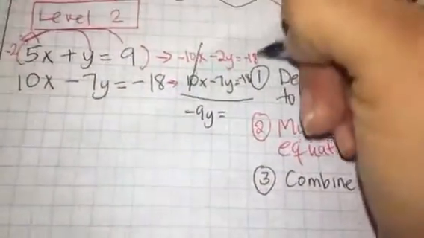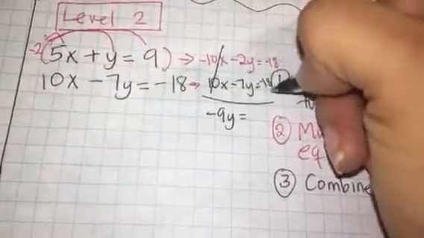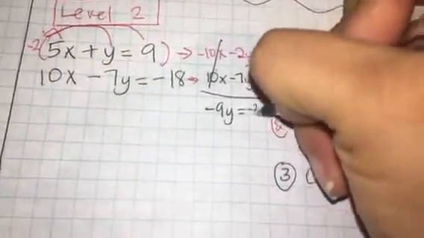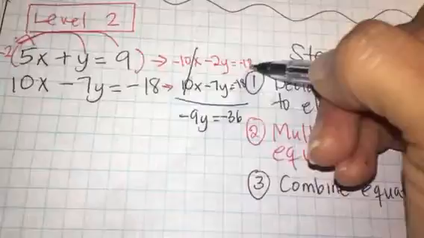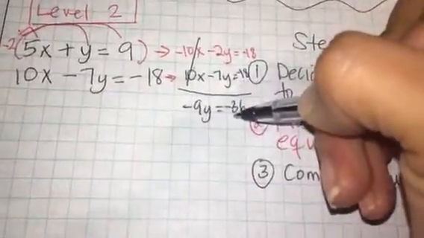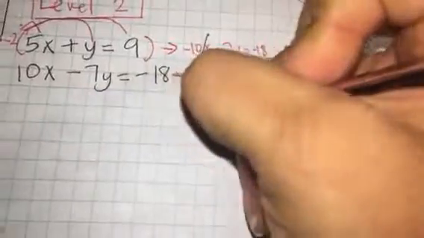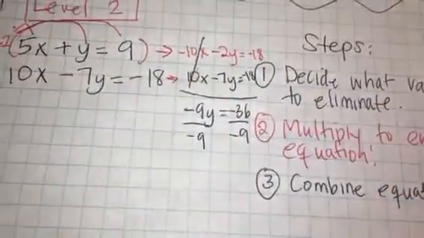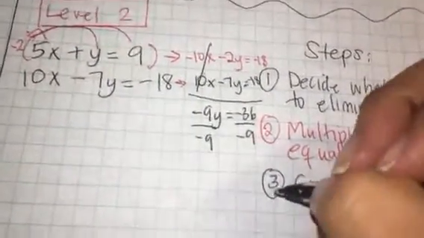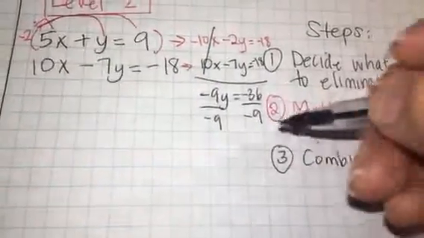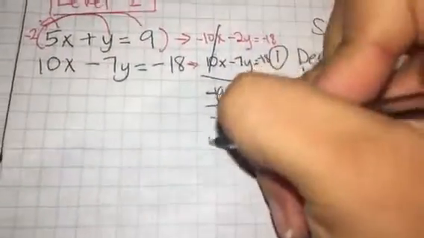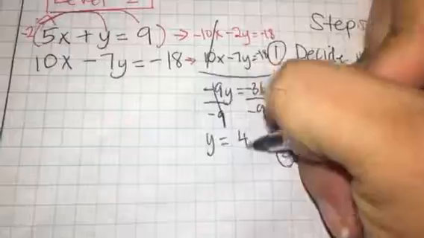That's going to give me negative 9y, which is equal to negative 36, because negative 18 plus negative 18 is negative 36. Now I'm going to divide by negative 9, and once I do that, I know that's going to give me y equals 4.